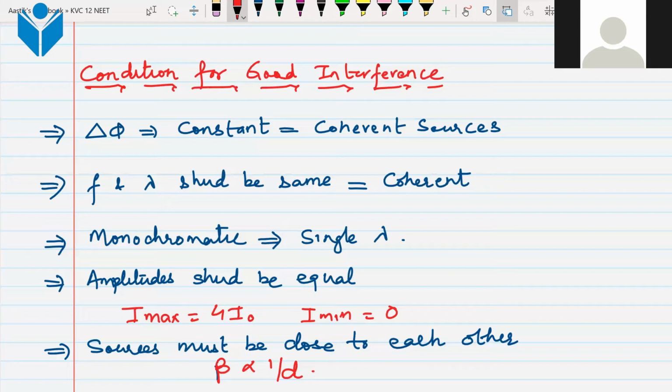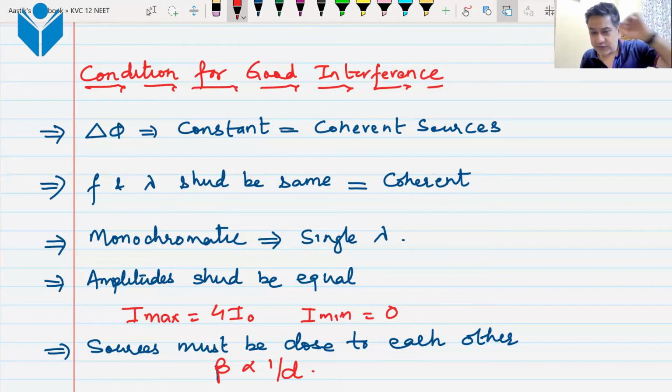Go through the formula of fringe width, the formula of angular fringe width, the formula of net dark, net bright, and so on. Remember, only 2 or 3 formulas you'll have to remember. And trust me, there is going to be a question that is going to come from this particular topic.